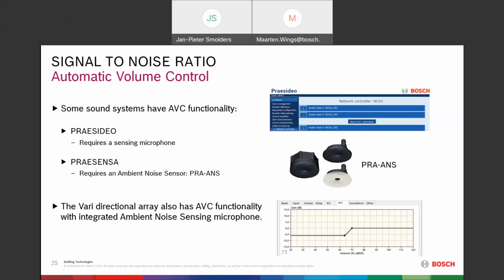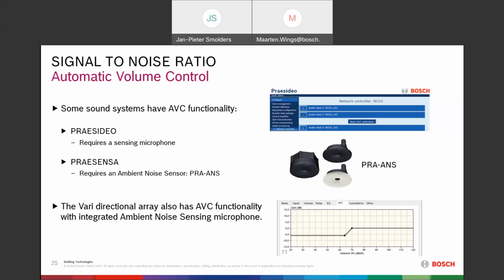So it depends on the room where you measure this. You measure your noise, and then you say, okay, if the noise increases with, for instance, 6 dB, then you also increase the volume. That totally depends on the room.